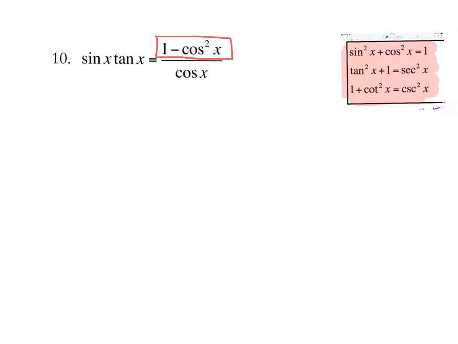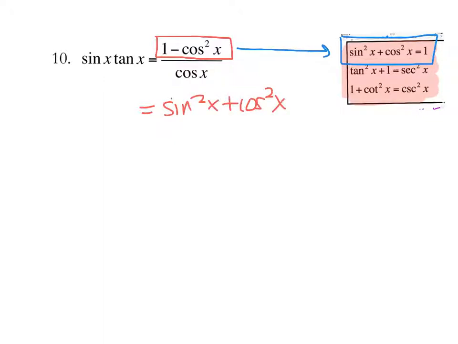So that says 1 minus cosine squared. So I'm thinking over here of looking at this guy right here. I'm going to do this again the long way, is I know what 1 equals. 1 is equal to sine squared x plus cosine squared x. So I'm changing the 1 into that, and then I still have minus cosine squared x over cosine.